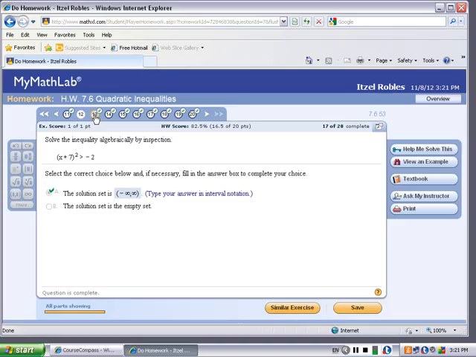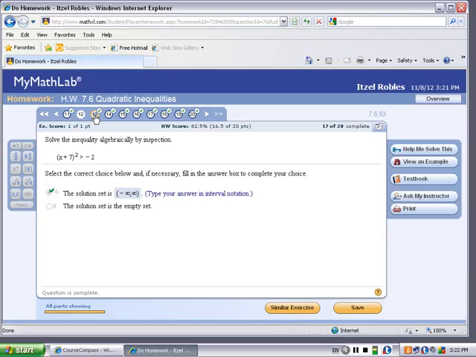x plus 7 squared greater than negative 2. Think about it. When you square anything, that number has to be greater than or equal to 0. Am I correct? When you take a number and you square it, it must be greater than or equal to 0.